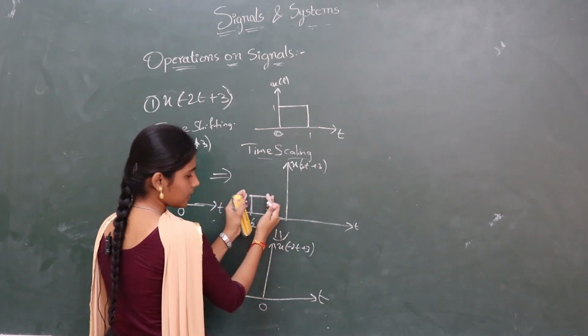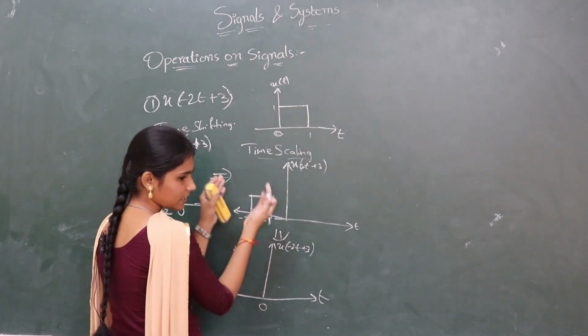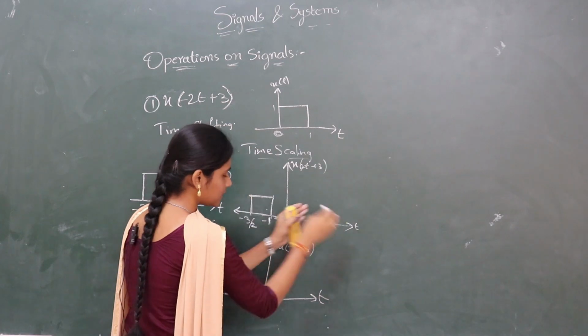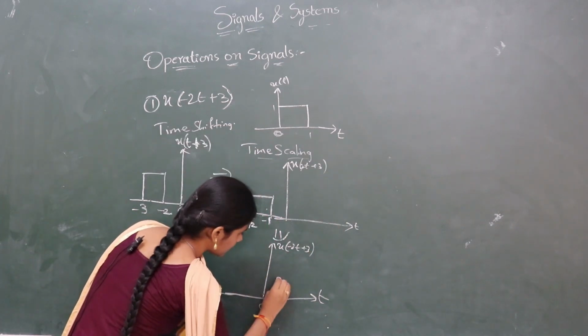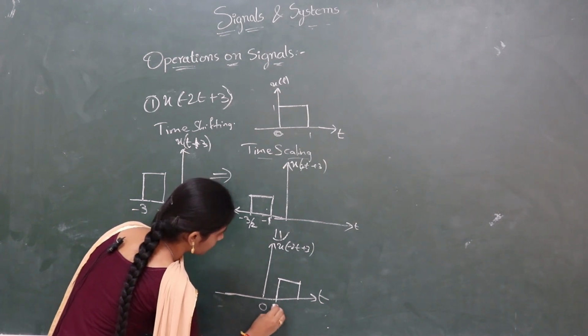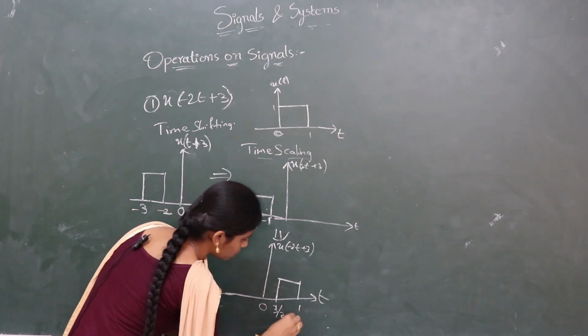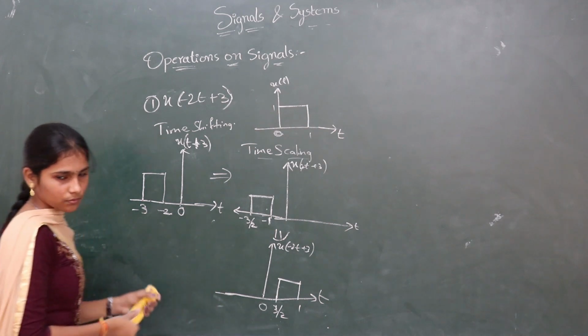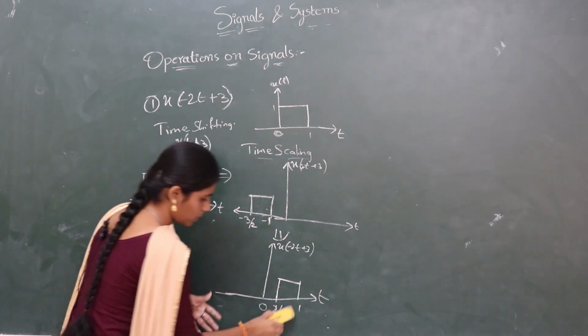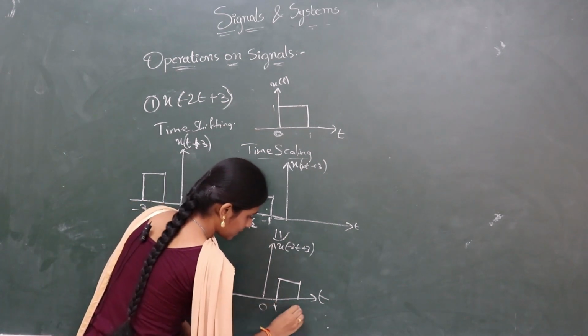So the signal which is in the left part of the x-axis comes towards the right part, that is, minus 3 by 2 to minus 1 becomes 1 to 3 by 2.